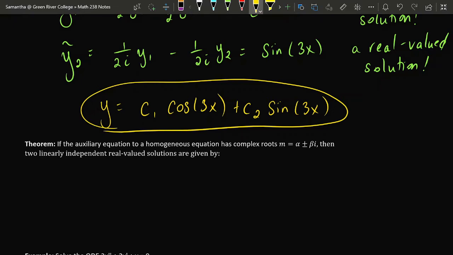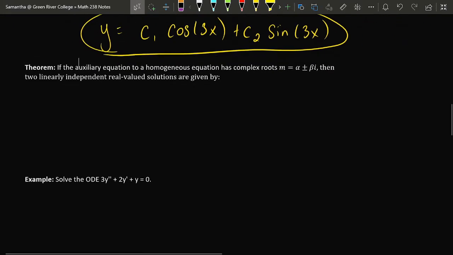Now, to sum up what we just did, suppose that we have a homogeneous equation and we find its auxiliary equation has complex roots alpha plus or minus beta times i.